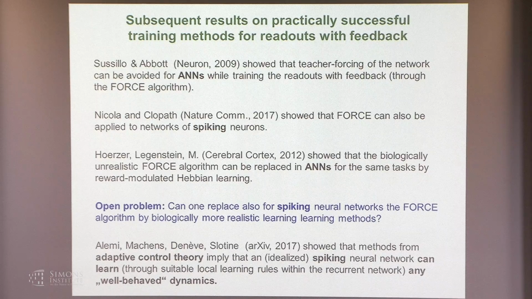A technical additional challenge for all these learning algorithms is that, since you have this feedback, the learning has to home in very fast on a good solution. Otherwise, because it projects its errors back into the network, it simply gets stuck in bad solutions. So it's really key that the learning algorithm converges extremely fast to a good solution.